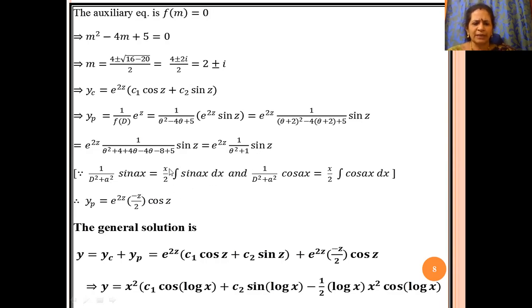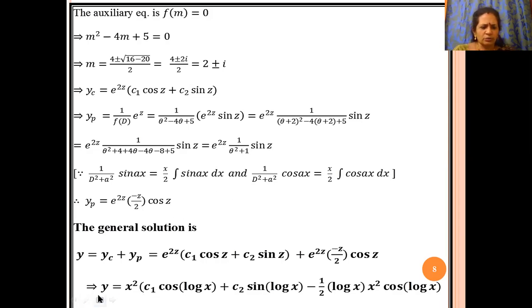We apply x by 2 into the integral of sine ax dx. Whereas if the functional value is cos ax, we will get the integral of cos ax dx. So here e power 2z stays as it is, and in place of this we take 1 by theta square plus 1 into sine z. This is the formula.